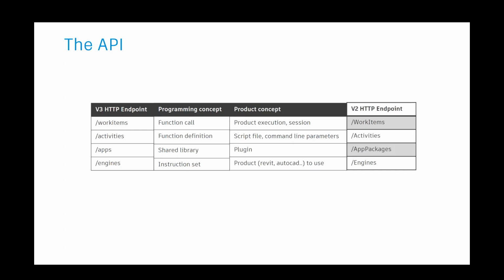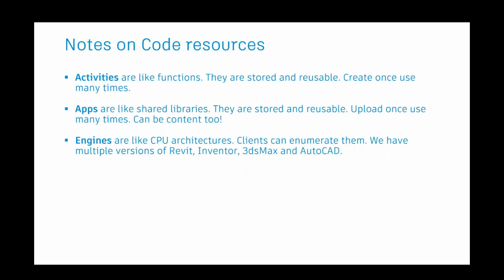For V2, this maps to really similar names, but we did clean up a few things. We made a more standard API from a lowercase standpoint, and then the biggest change is we changed what used to be called app packages to just apps now. So if we look at these in a little more detail. Right, activities are stored and reusable.